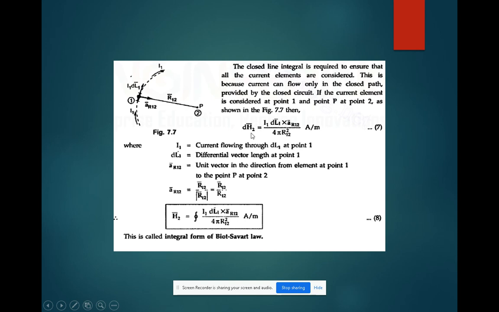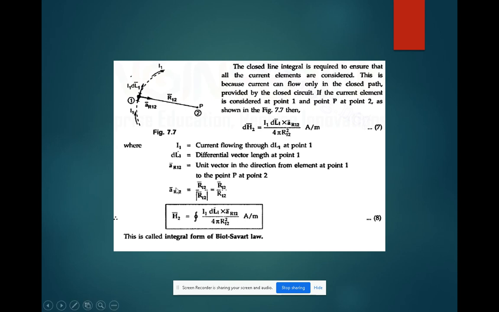So you get the magnetic field intensity for point 1 as dH2 equal to I1 into dl1 cross aR12. You just replace the above equation with the subscripts 1 and 2, considering everything from point 1 to point 2.